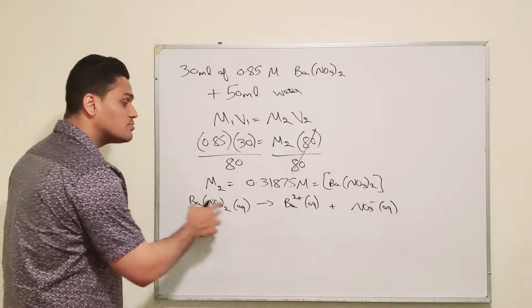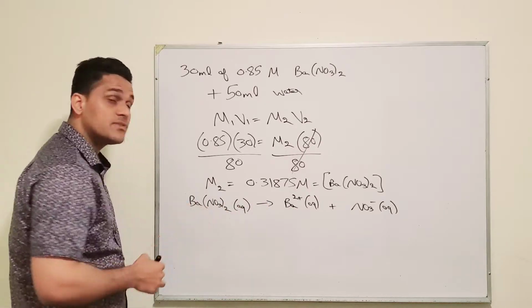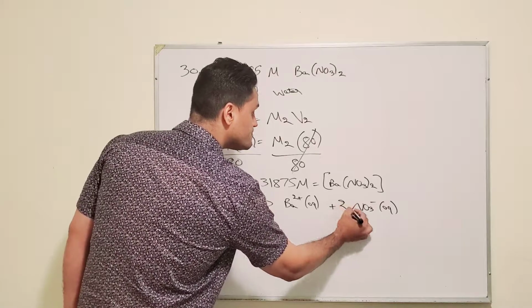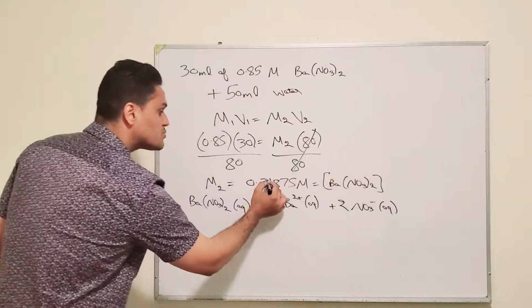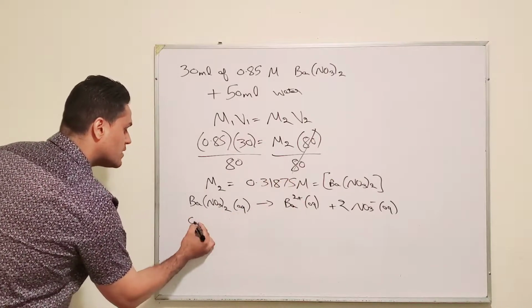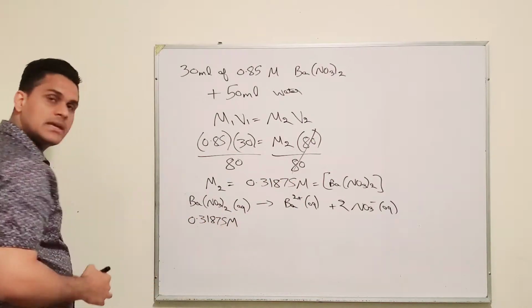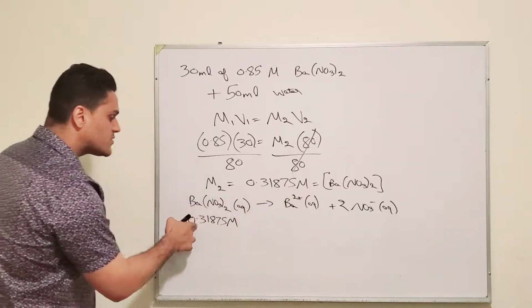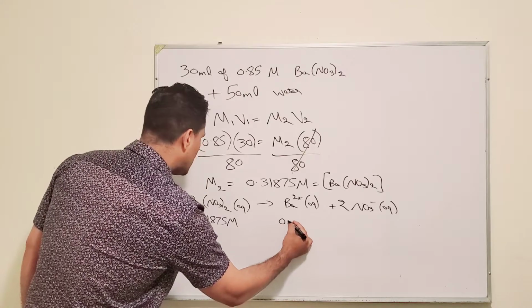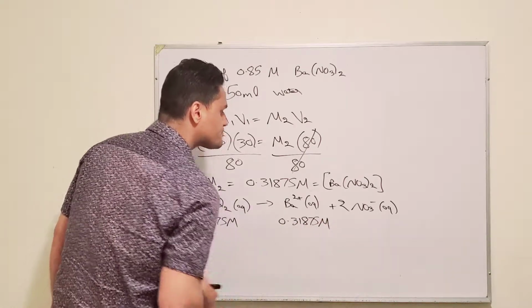I have Ba2+, just Ba2+, so we're good for that. For NO3, I have two of them, so we need to put two over there. Now the concentration of Ba(NO3)2 was 0.31875 molar. Our molar ratio is 1 to 1 for that, so Ba2+ will be the same. So Ba2+ will be 0.31875 molar.